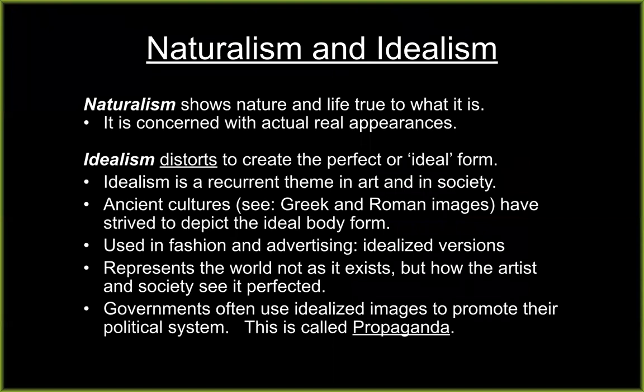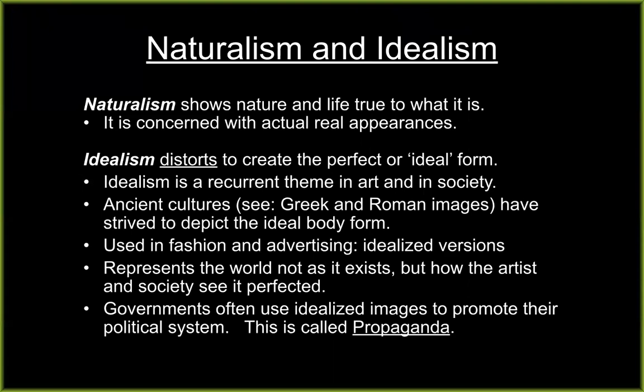So naturalism tends to show nature and life as it is, and then idealism distorts art or distorts shapes to create the perfect or ideal form. And that's a recurrent theme that we see in art and society. We see it if we go and look at Greek and Roman statues.